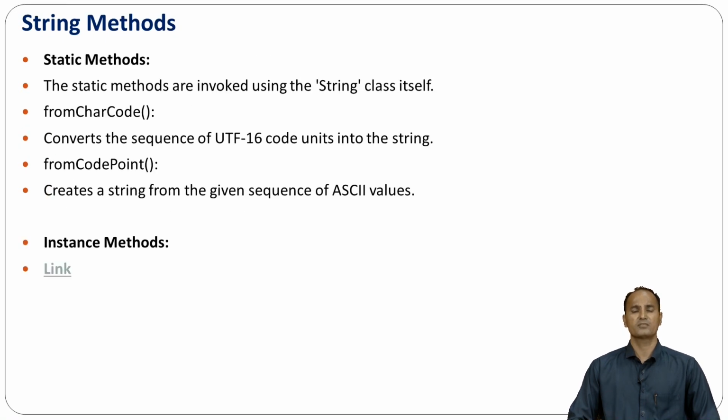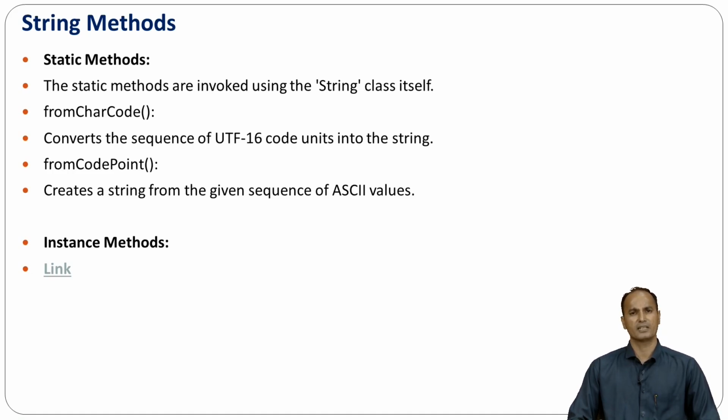Now there are various methods available on strings that we can use to manipulate our string. The static methods available in the String class itself are fromCharCode, which converts a sequence of UTF-16 code units into a string, and the second one, fromCodePoint, which creates a string from the given sequence of code point values.